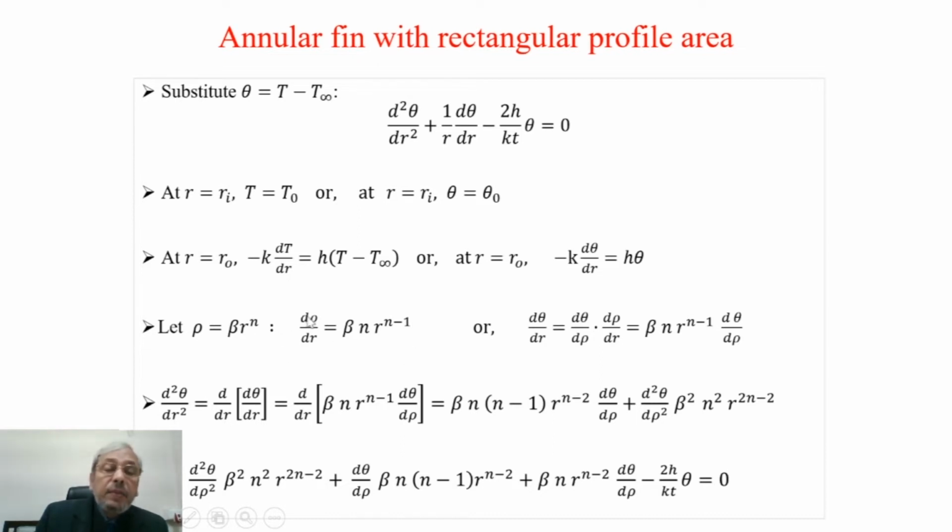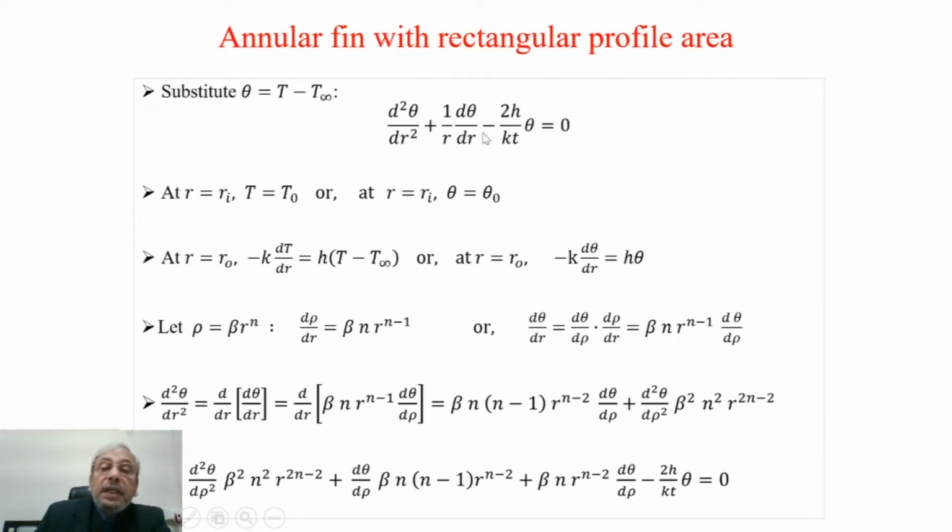This will be needed because we are trying to find d theta by dr, which is d theta by d rho into d rho by dr. Now d theta by d rho we are fixing as a parameter, and then d rho by dr we have found out as beta n r to the power n minus 1.